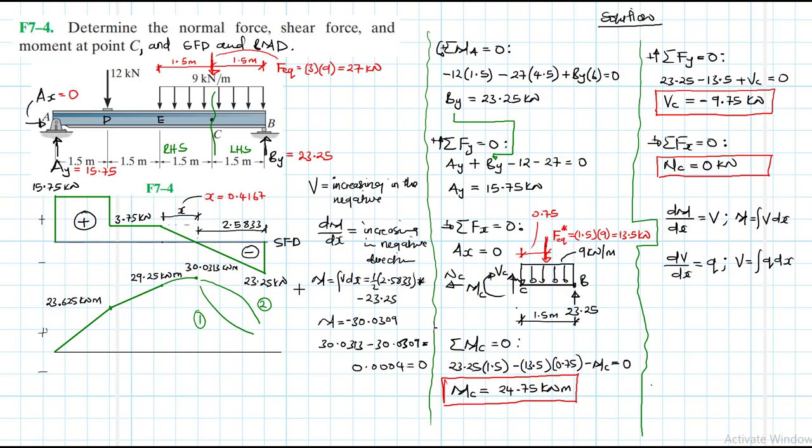Which of the two curves will have an increasing negative slope between 1 and 2? Of course, it is 2, not 1. Great. So let's go for 2. From there, we expect something like that, quadratic in nature.